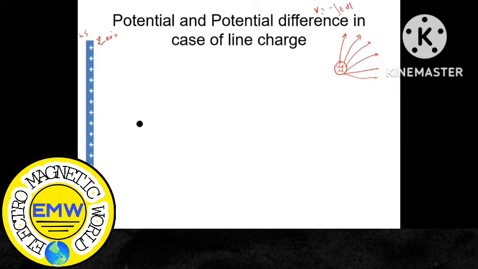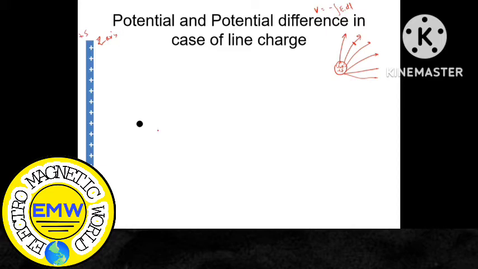This means the potential difference depends upon the electrical field intensity and the differential length. Suppose I select the length at this position, the distance from the charge distribution to the point of interest. The potential difference depends upon the electrical field intensity.